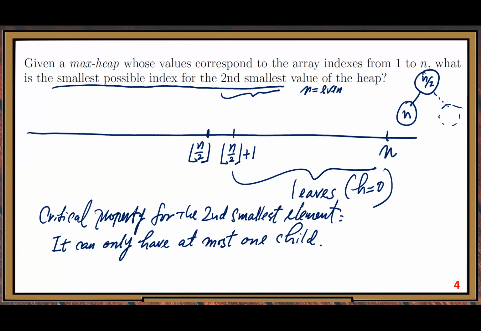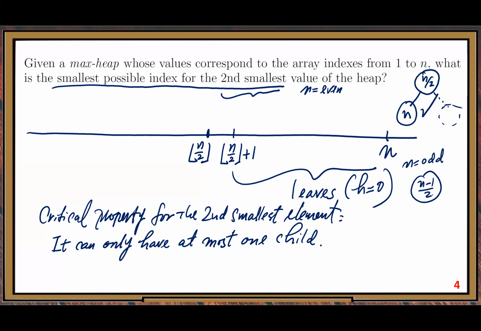But when n is odd, here n minus 1 over 2, because the floor function equals n minus 1 over 2.